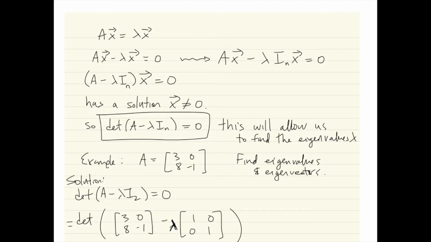And we're saying that this equation has a non-zero solution. Remember, the requirement that x is an eigenvector is that it's non-zero. Now we've seen that for a matrix equation like this to have a non-zero solution, that forces the determinant to equal 0.